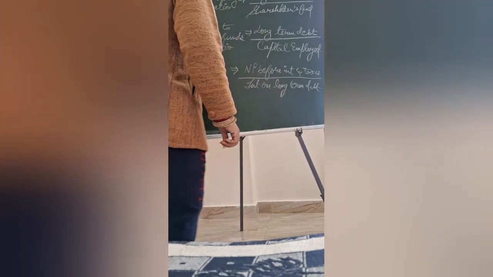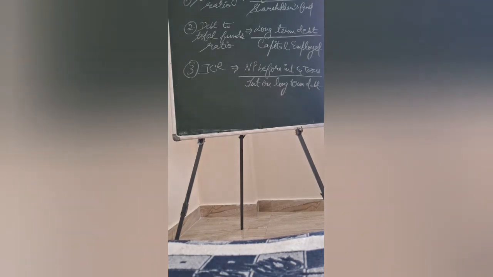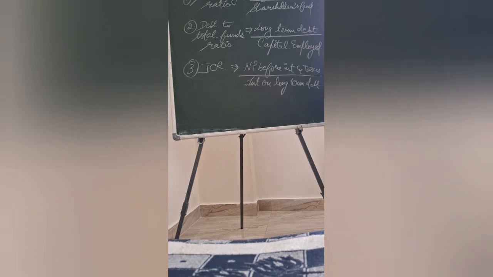So this is the ICR. You should know all the theory first of all in these lectures, then only we will calculate the numericals, because numericals are also very much important. This is basically the solvency ratios. After solvency ratios, we will talk about the activity ratios.